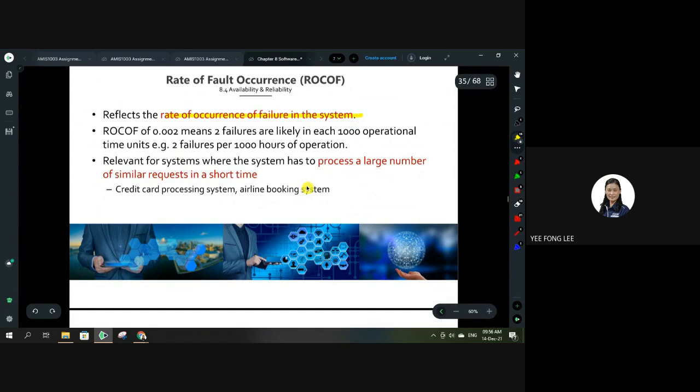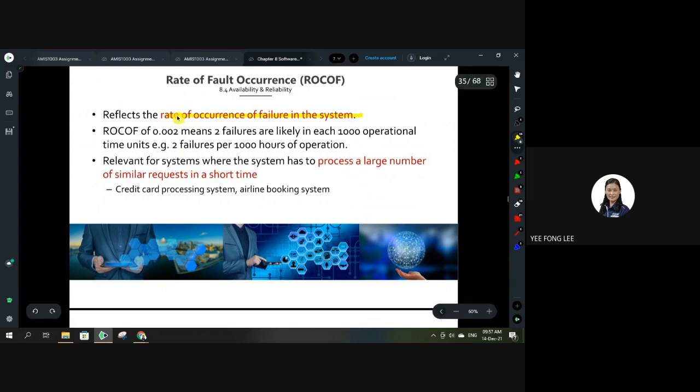For example, in a system that handles large numbers of transactions, we might specify this rate as, let's say, 10 failures per day. That means we are willing to accept roughly an average of 10 transactions per day which will not run successfully.